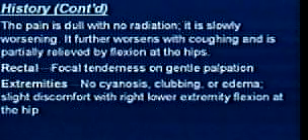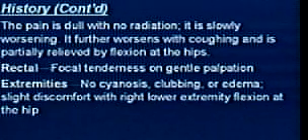Now, his pain is dull, and there's no radiation. The pain, however, is slowly starting to worsen. It further worsens with coughing. It's also worsening when he flexes his hips. If you do a rectal, which you must, then you're going to find that he has focal tenderness on gentle palpation.